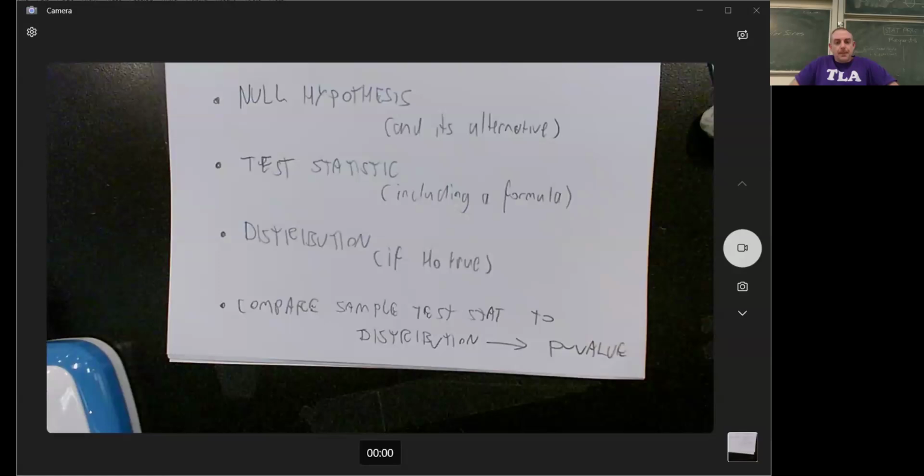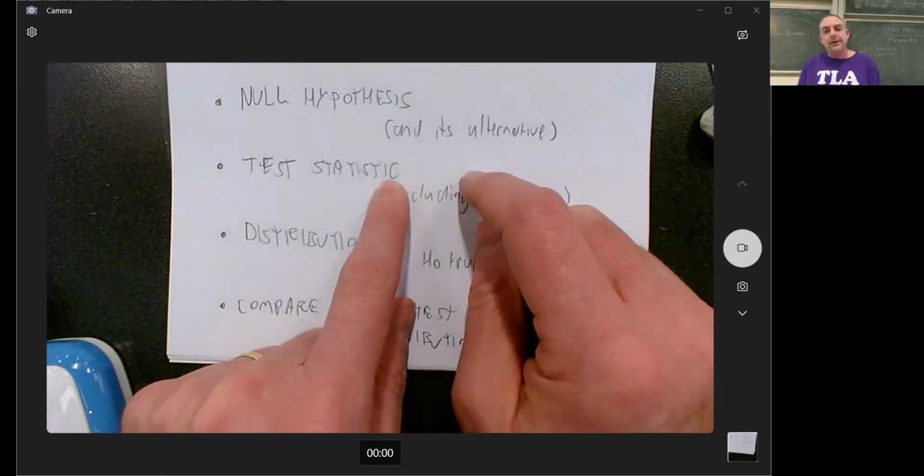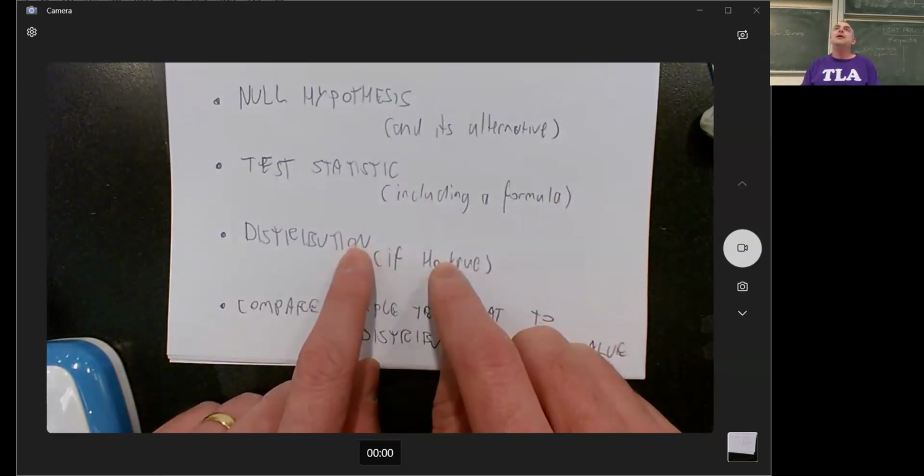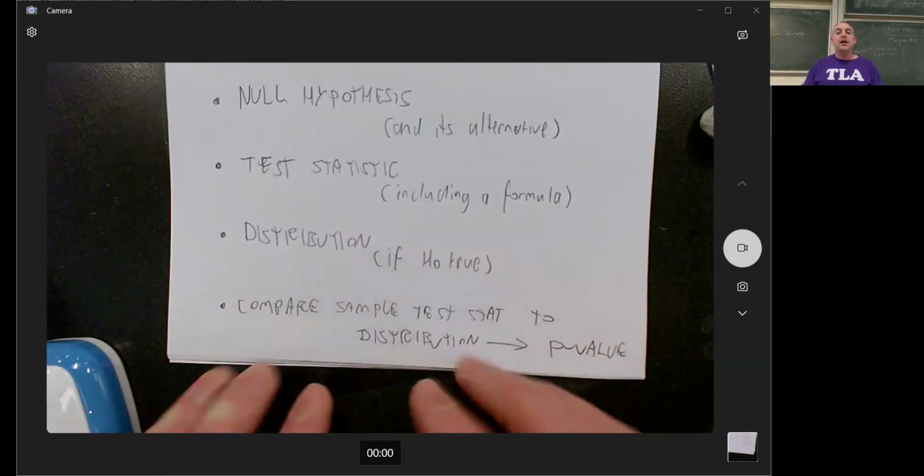Like you can make whatever test statistic you like, but if it isn't like a T and F, a binomial or something, if it's not programmed into R already, then you've got no hope of figuring out your probability. So you need to choose your test statistics so that it has a distribution that is in R that R can use. And so that is how they are designed.